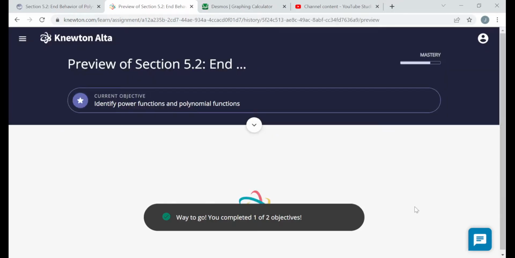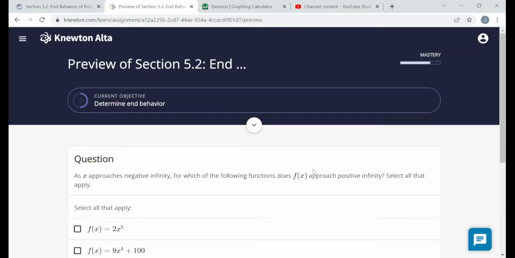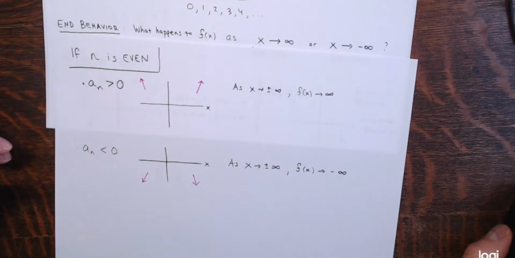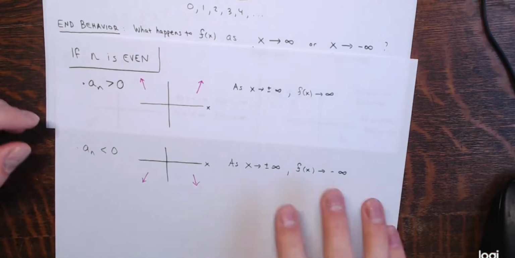All right, so that objective's done. And then back to end behavior. Once again, as x approaches negative infinity, so that's going to the left end, for which of the following functions does f of x, does the output approach positive infinity? So those are those two scenarios we just talked about.